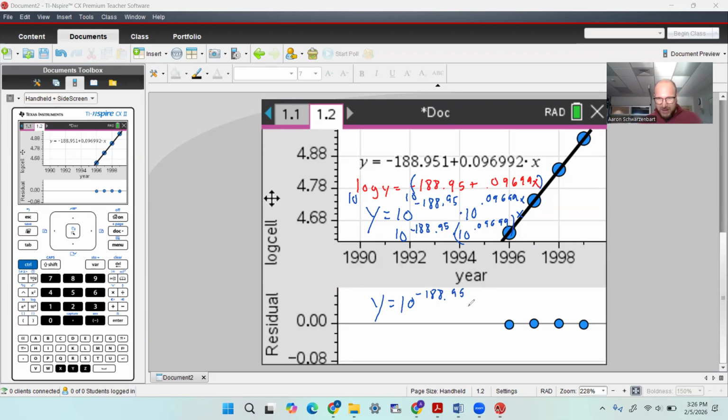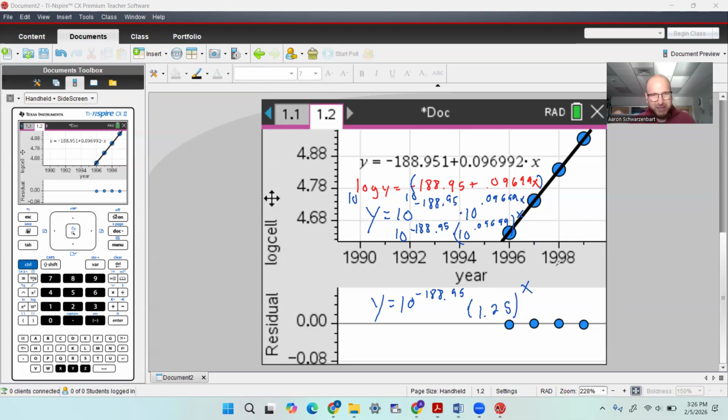Move the decimal a lot of places. This 10 to the 0.0969 is 1.25. And this is a prediction that I can use for my cell phone growth.